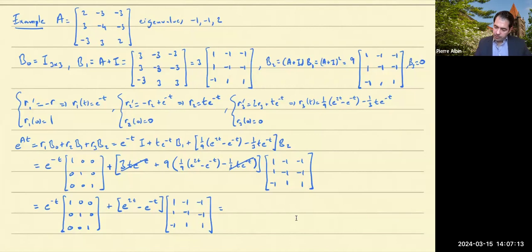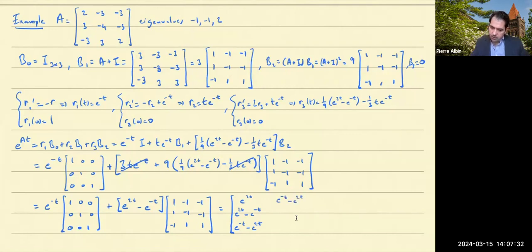Okay, so now let's go ahead and compute. So I end up with e to the 2t there, and then e to the 2t minus e to the minus t, and then e to the minus t minus e to the 2t. Then here I end up with e to the minus t minus e to the 2t.